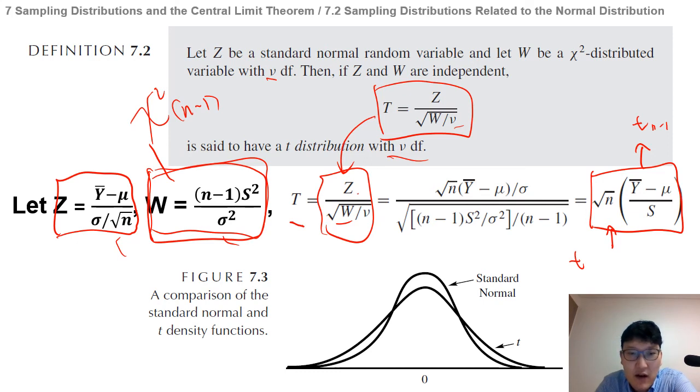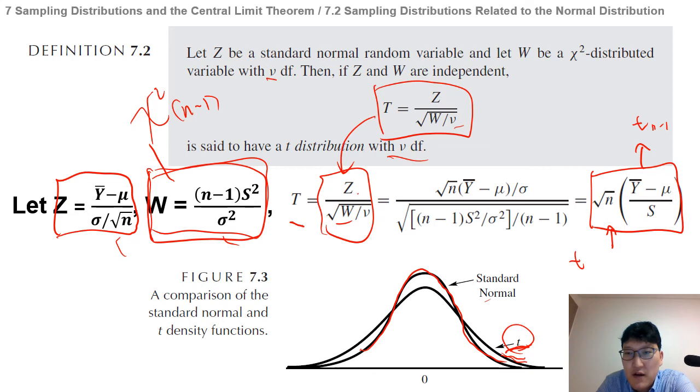Okay, and figure 7.3 describes the shape of the t distribution. So this is the standardized normal distribution, and as we can see, the t distribution has a fatter tail. The tail of the t distribution is a little fatter than the standardized normal distribution.